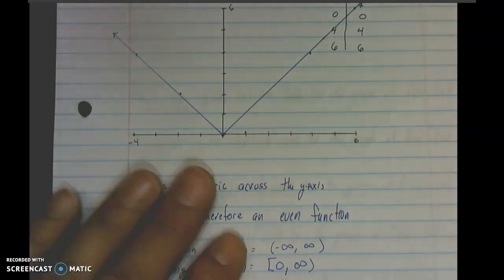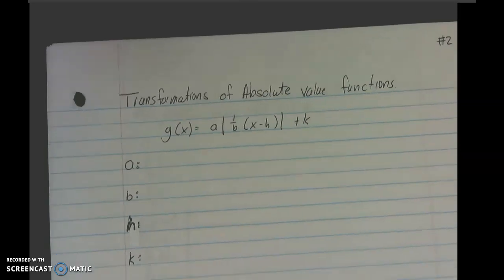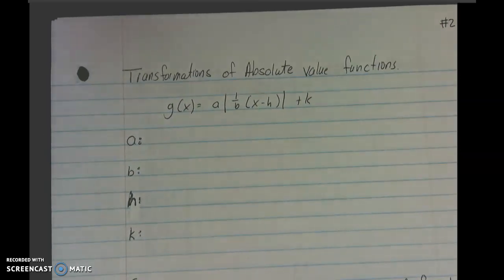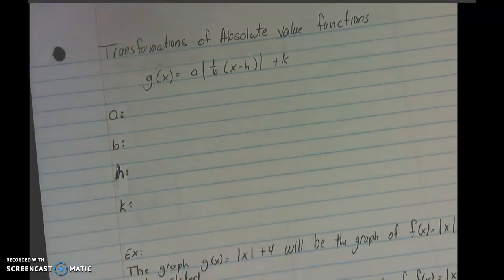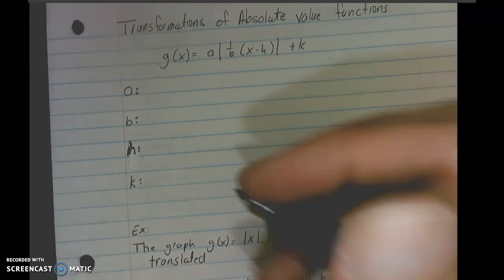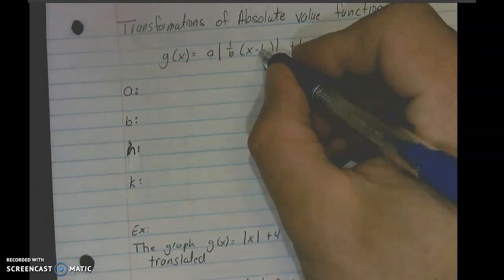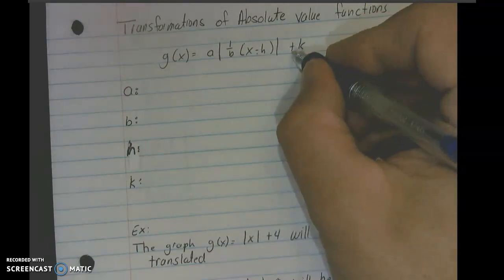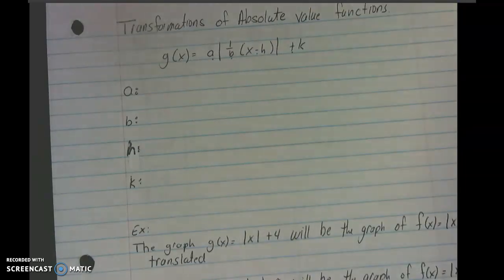Okay. So then the next part we're looking at is the transformations of absolute value functions. So kind of review a little bit from what we did in the first mod. All right. We have A, B, H, and K. Remember, this can be plus or minus, this can be plus or minus, this can be plus or minus, and this can be plus or minus. Okay.